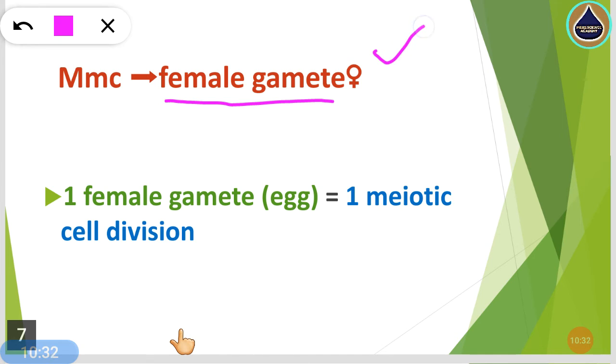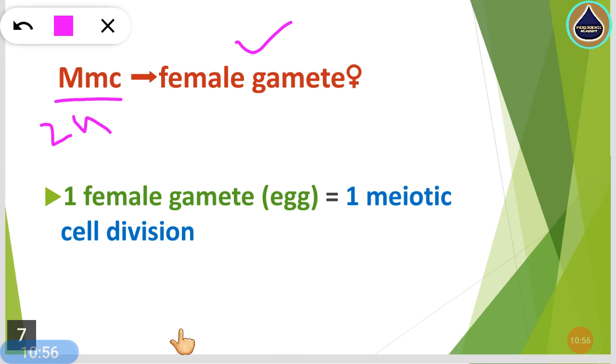This is the symbol of femaleness. It is indicated by this sign in the medical field. Now we'll see the MMC, megaspore mother cell. It is 2n, or diploid in number, and it is needed for the formation of the female gamete.